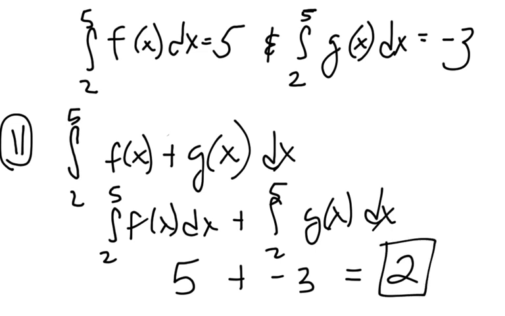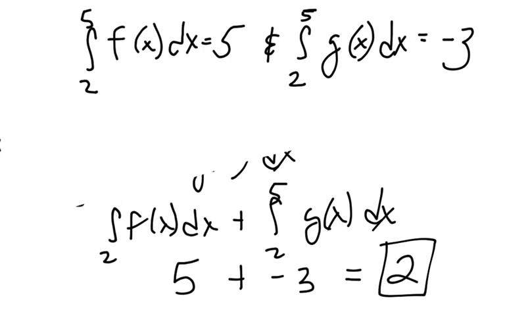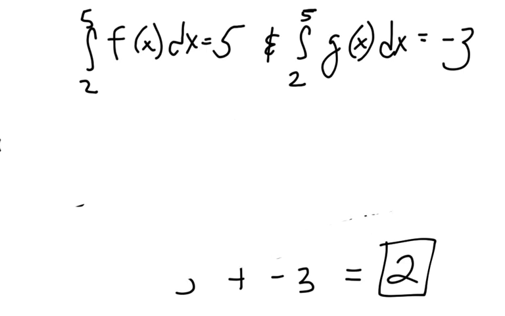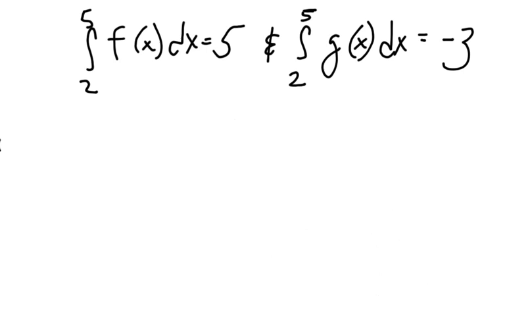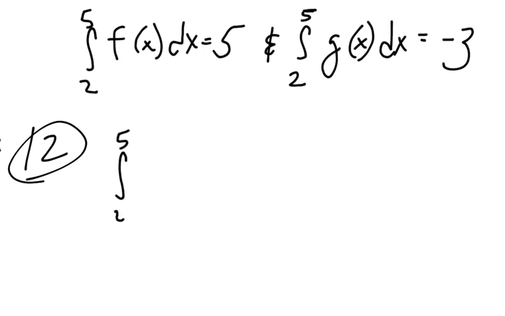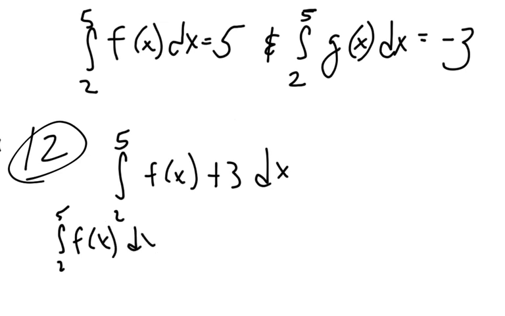Okay, and now we're going to start with that same information for example 12. Okay, so number 12 says to find the integral from 2 to 5 of f of x plus 3 dx. So this could be the integral from 2 to 5 of f of x dx plus the integral from 2 to 5 of 3 dx.